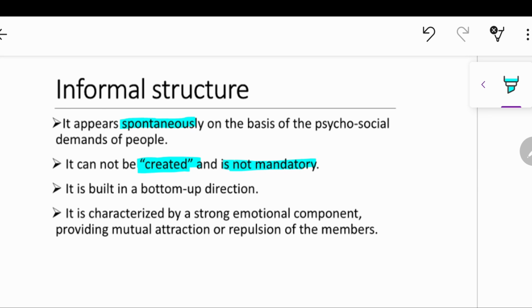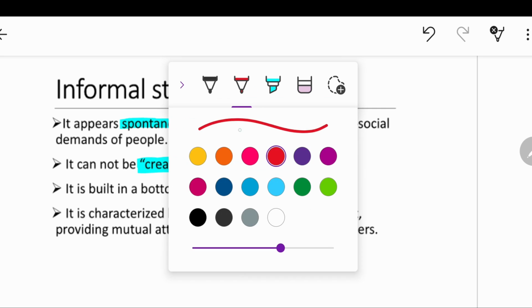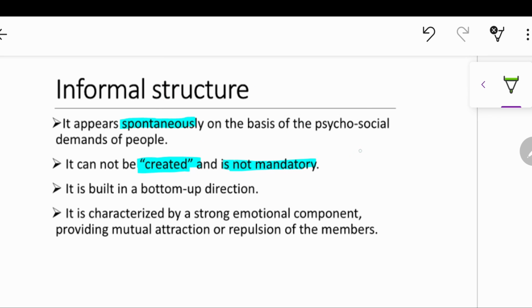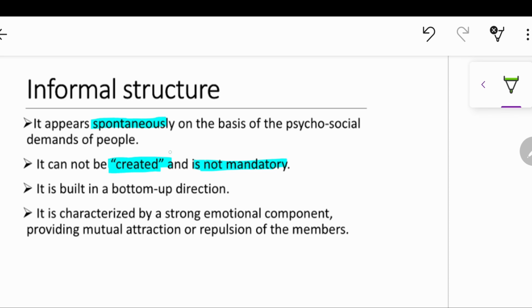So what this means is it's not something that's recognized by the company itself, and it's not needed in any way to benefit the company itself. So it's not created and it's not mandatory.